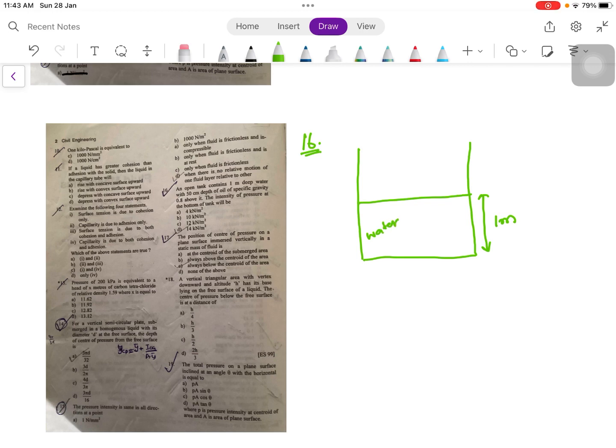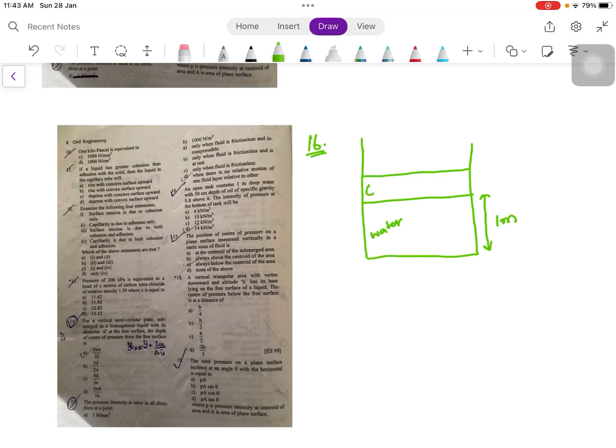And then this layer of water has a layer of oil above it, which has a specific gravity of 0.8. Water has a specific gravity of 1, and the depth of this layer is 50 centimeters.